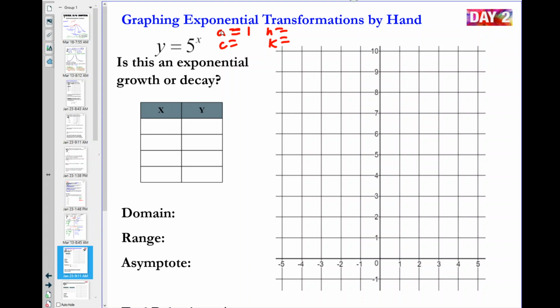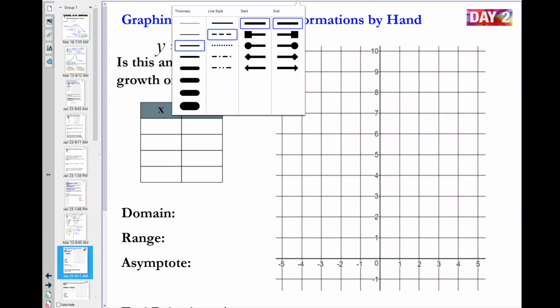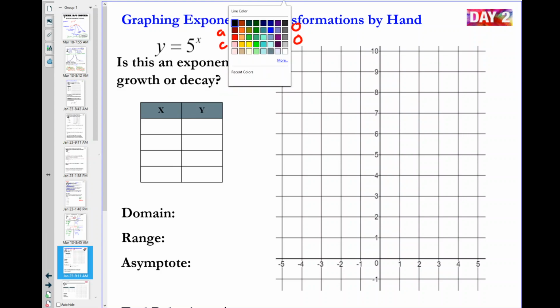No, please don't say a 5. It's a 1. H is whatever is up in the exponent being added to the X. There's nothing. K is also 0. So if I wanted to, I already know we're going to have a horizontal asymptote.